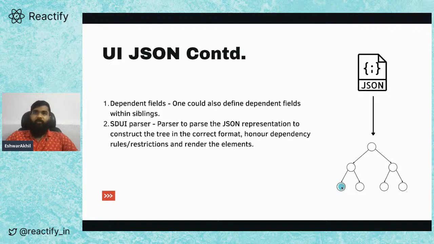Think of a use case wherein one input field can exist only if the other exists, or something of this format. All of this can be handled with the help of a server driven UI parser. Basically, we can have an orchestrator component on top of all of the divisions and all of the child components, and then we can have onChange handlers in the child components, which the parent orchestrator component can listen to, right?